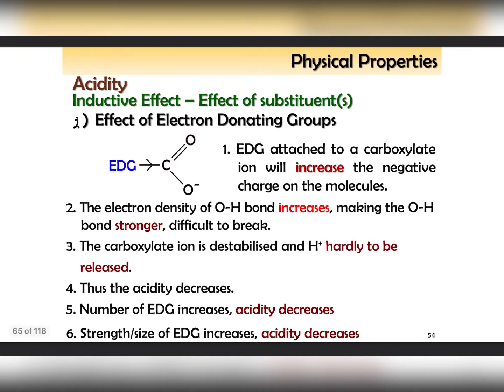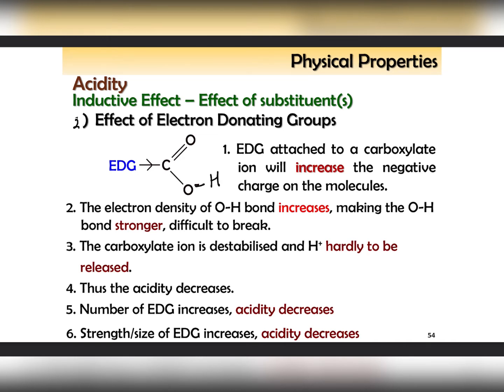Right, so next kita tengok effect of electron donating group. Donating means beri electron. Okay, so if you have electron donating group, it will donate the electron density towards this COOH. So let's say kamu ada COOH.